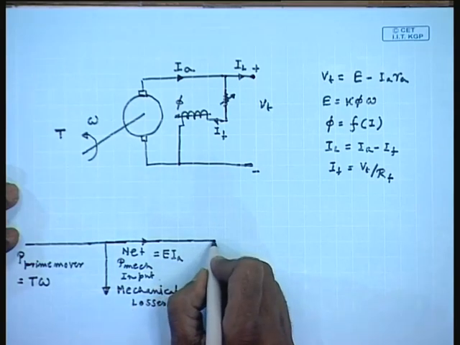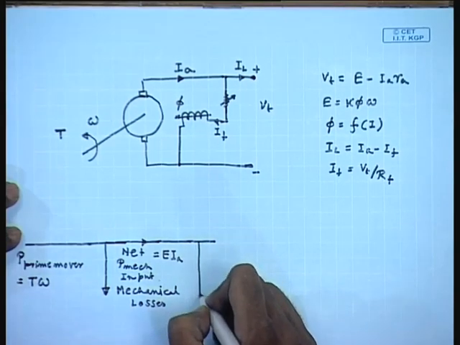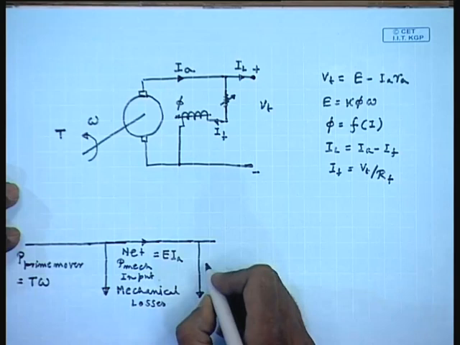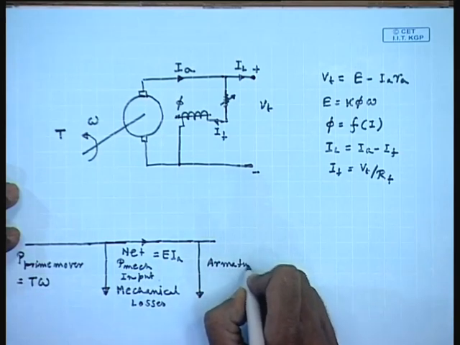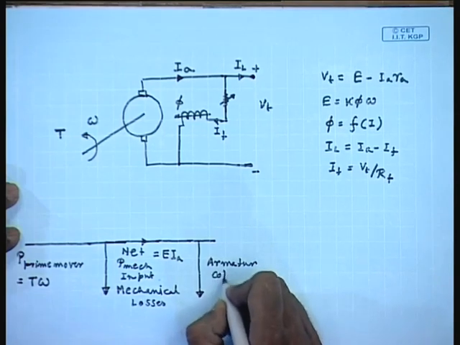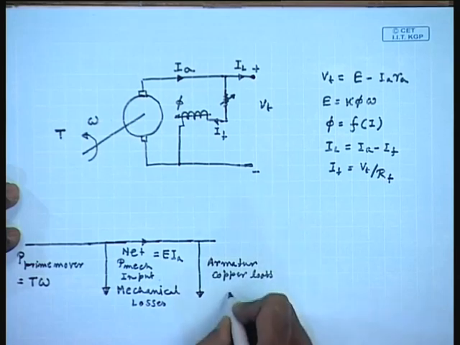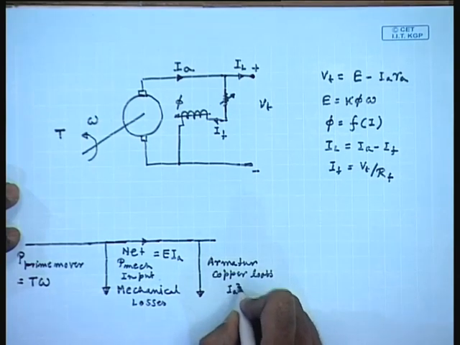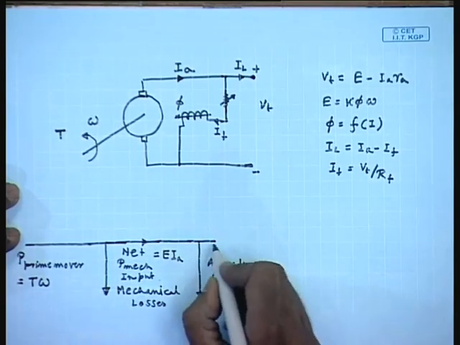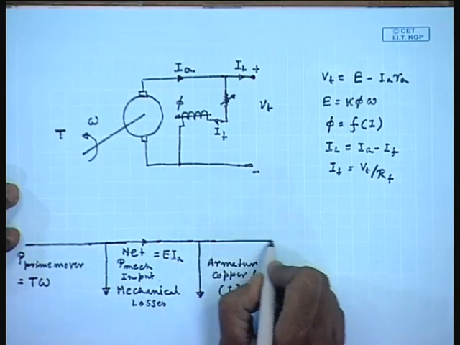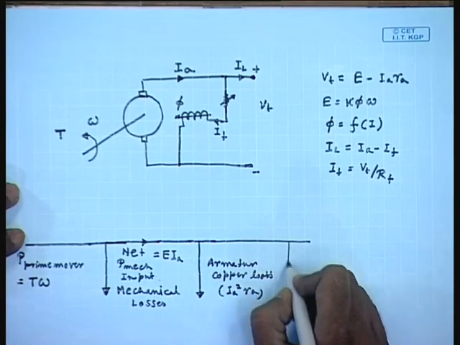Next power loss component is the armature copper loss, Ia square Ra.